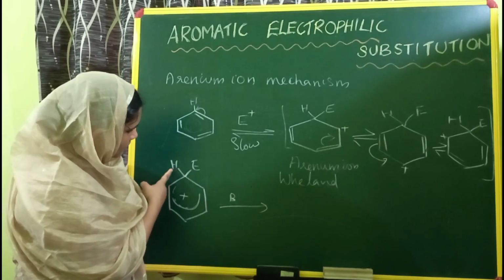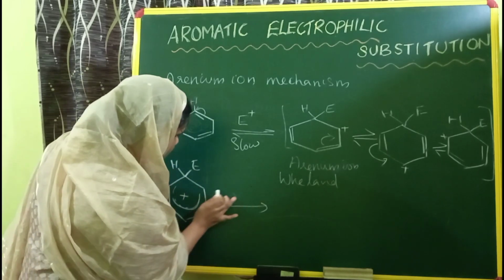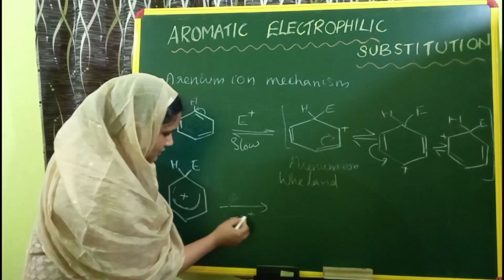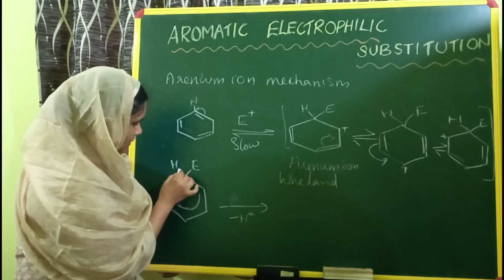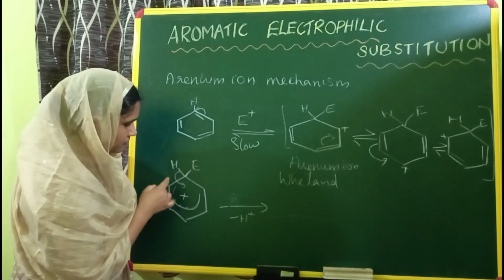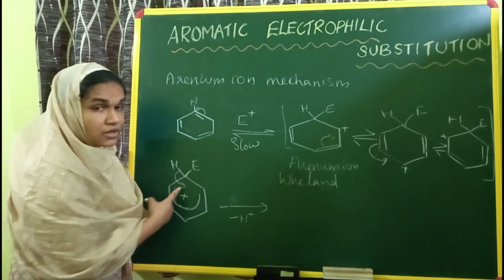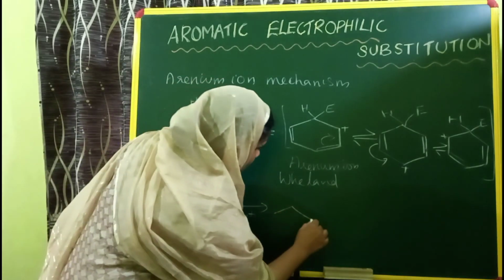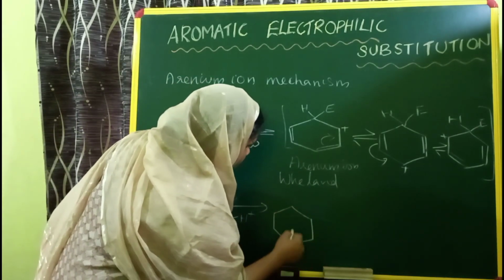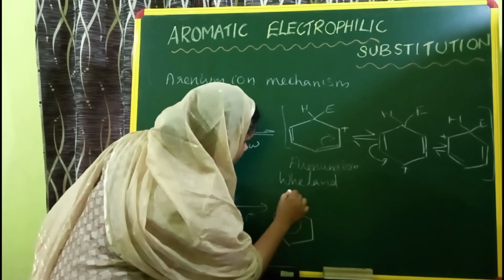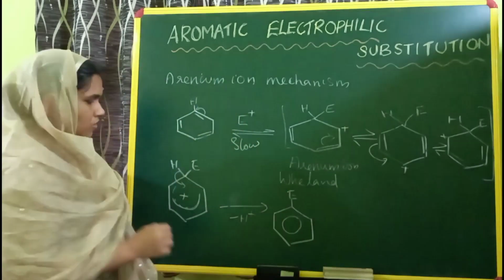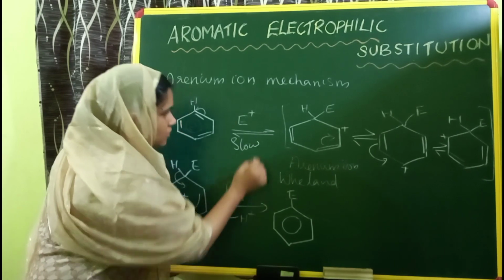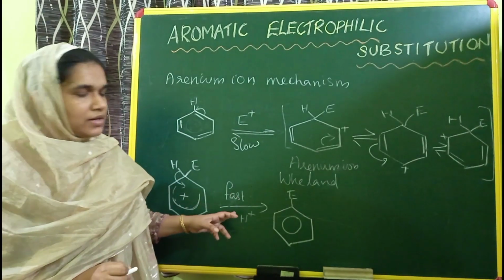Then this hydrogen is removed, and I write only the removal of hydrogen as minus H+. Then this electron is shifted over here, and aromaticity is regained. Then we have the product like this. This is usually a fast step. This is the slow step and this is the fast step.